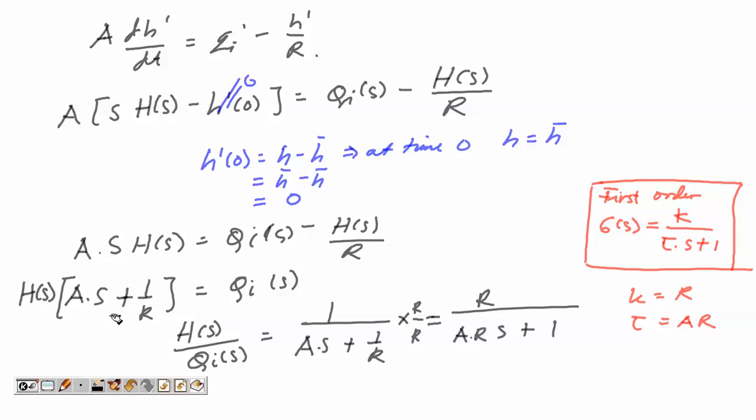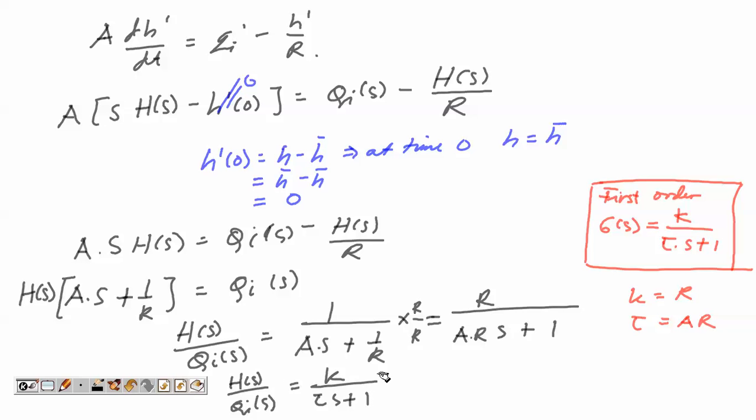So for our first order system, the level system, we get the first order transfer function. So H(s) over Q_i(s) is K over (tau s plus 1). So this is the first order transfer function.